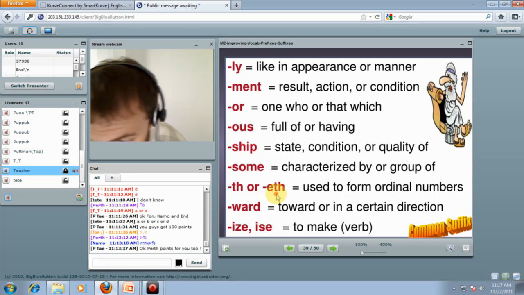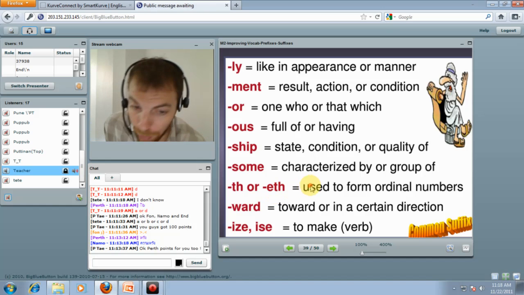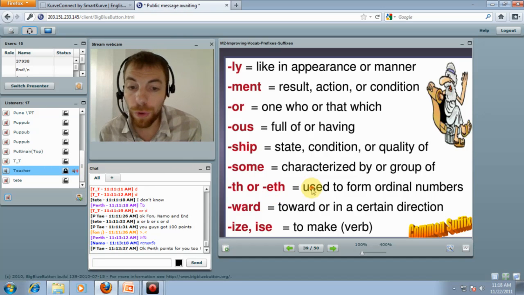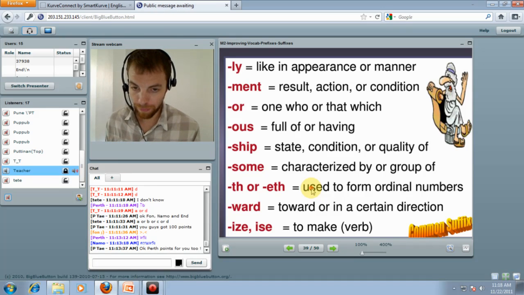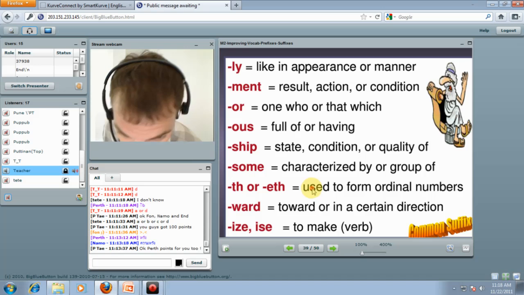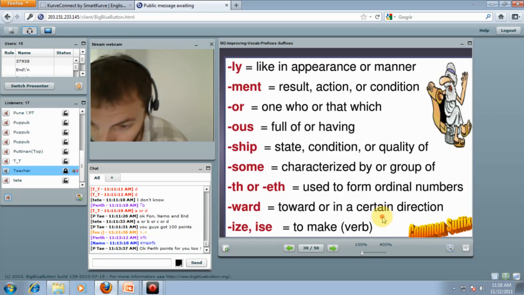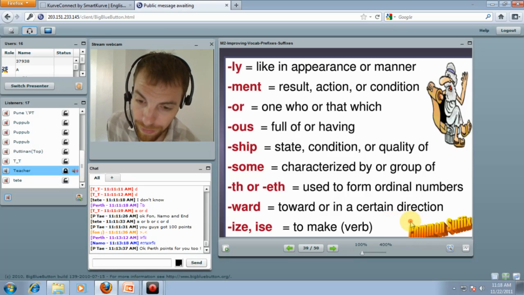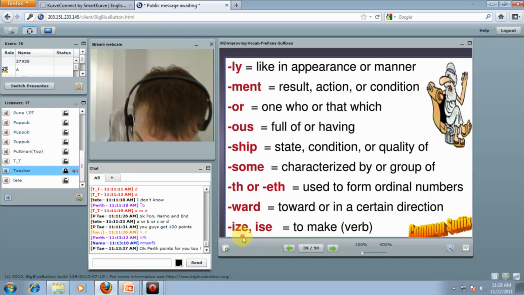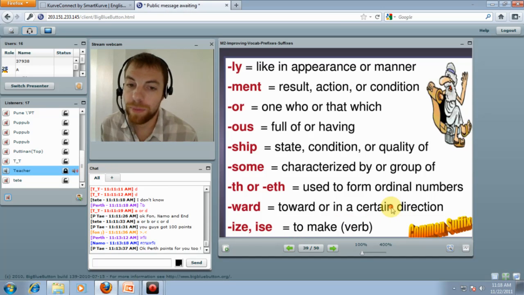TH or ETH, it means it's from ordinal numbers like 4th, 5th, 6th, 7th. And next we have word. W-A-R-D is toward. Going toward a direction, toward a location, right? IZE or ISE is to make for verbs.